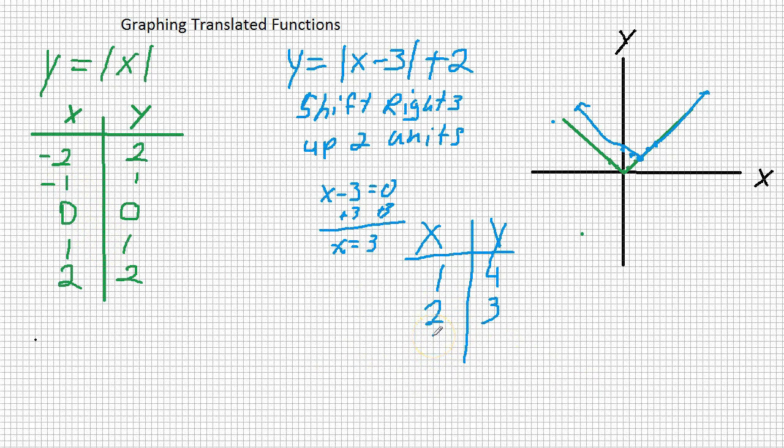So we have 3, 2, and then 3 and 1 make 4, 4, and then 1 plus 2, 3. And then our last points, add 3 to x and 2 to y. So we get 5, 4. Pretty cool. So we can actually find new points, or we can just shift the points on the graph. Either way, they both work.